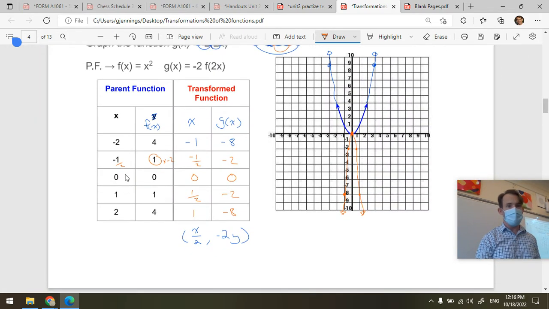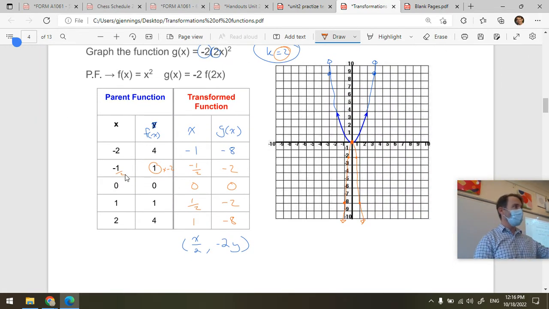Let's work this out algebraically, people. You want to be able to work it out point by point, like I just showed you, graphically, by stretching and squeezing it, and also algebraically by finding the new equation. So I know g of x is a transformed f of x, and it's equal to negative 2 multiplied by 2x all squared.